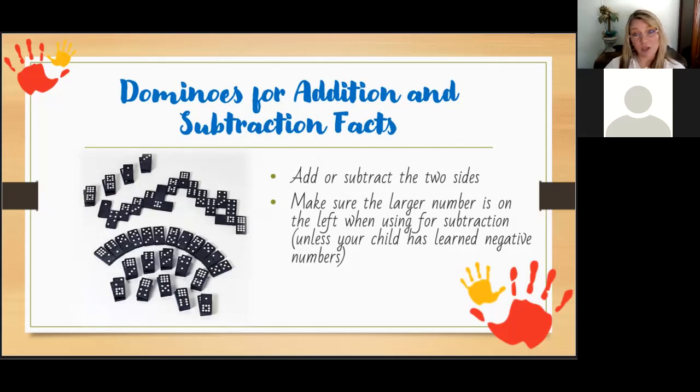These are not expressly called for in Math Kit 2, but once your child learns negative numbers, pull the dominoes out and use them for subtraction and just put the larger number on the left.